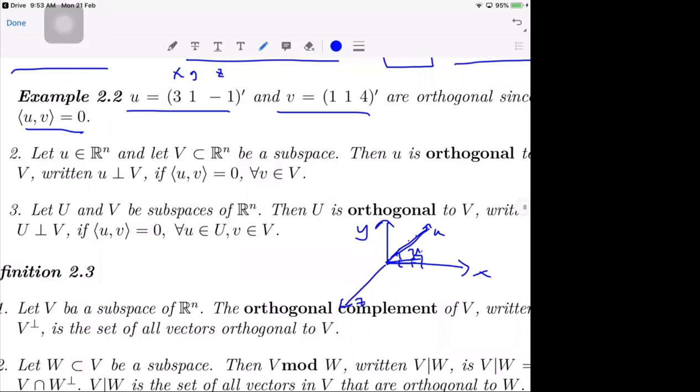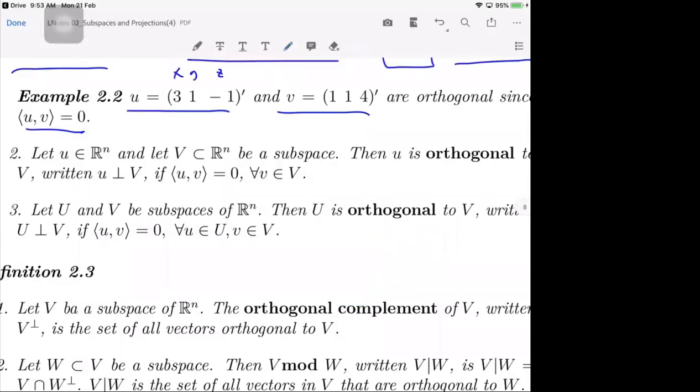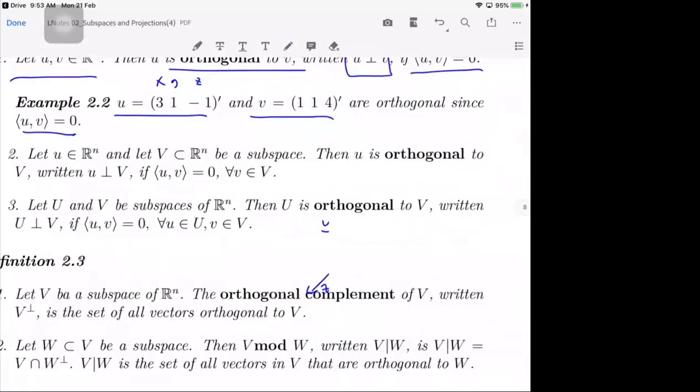You have to do some rotation to see it, because it is 3-dimensional. What I drew is only 2-dimensional, but in the space these two vectors are orthogonal, or they form a right angle.